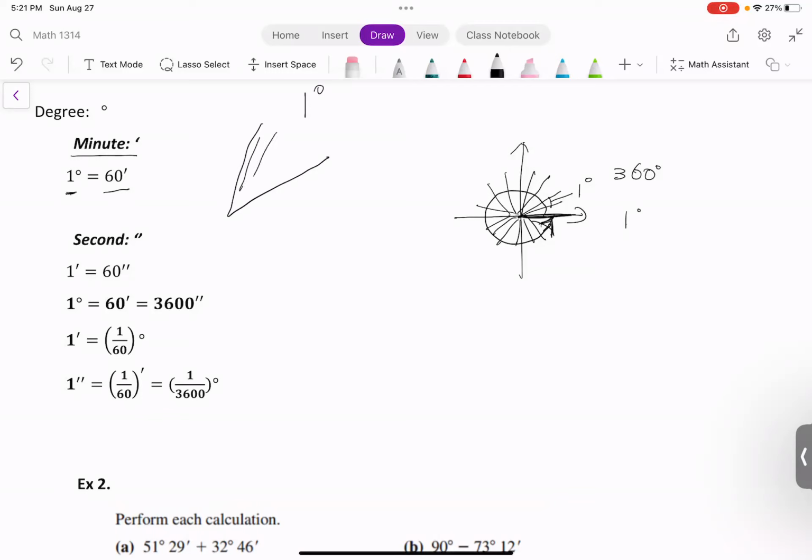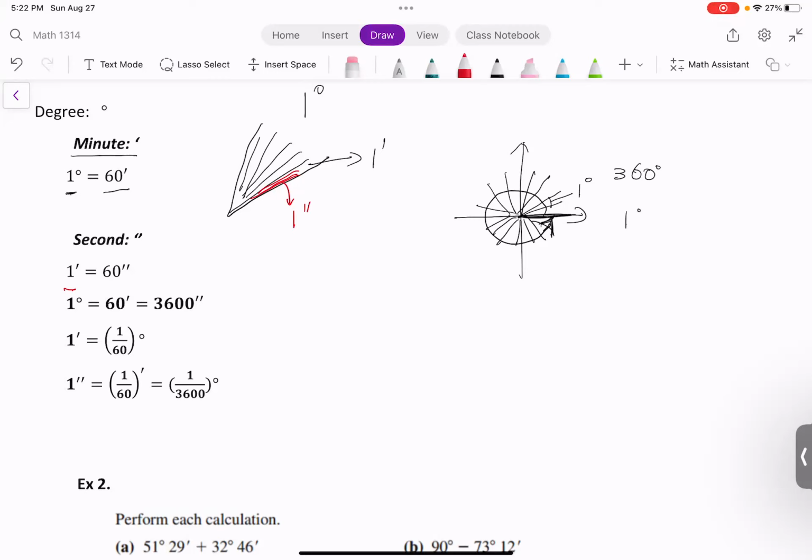Then I divide it into 60 parts, so one part is 1 minute. And then I continue to divide the 1 minute into 60 parts. So one part is 1 second.